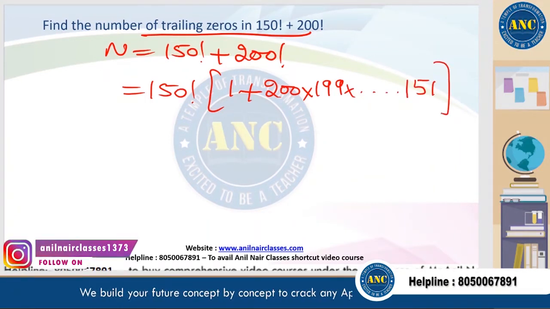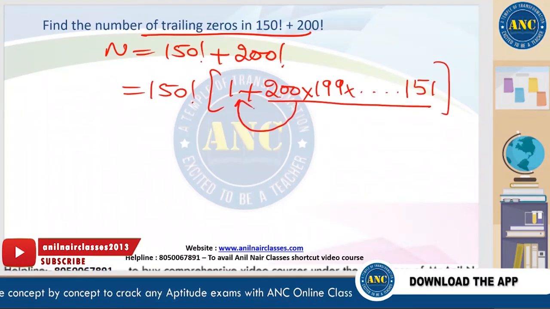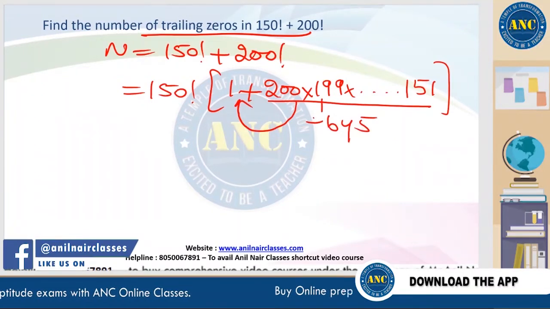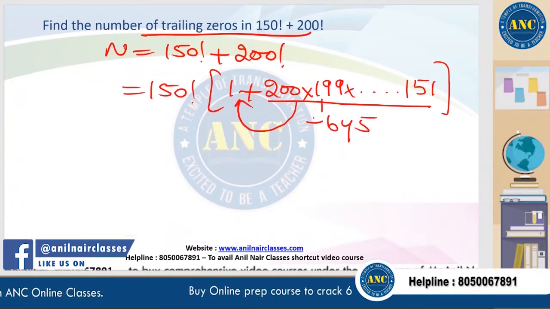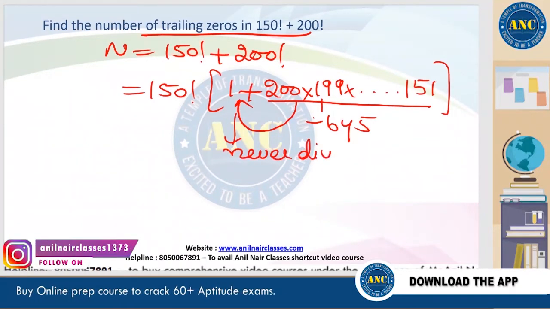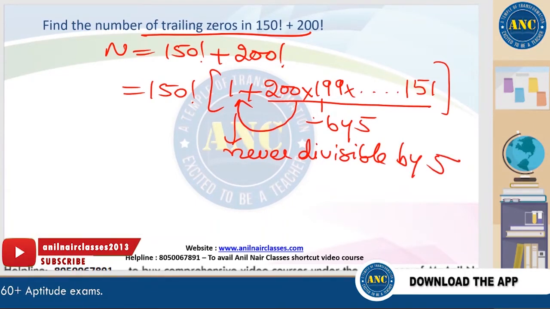Are you all with me? Remaining is 150 factorial. This is divisible by 5. 5k plus 1. That means the bracket is never divisible by 5.